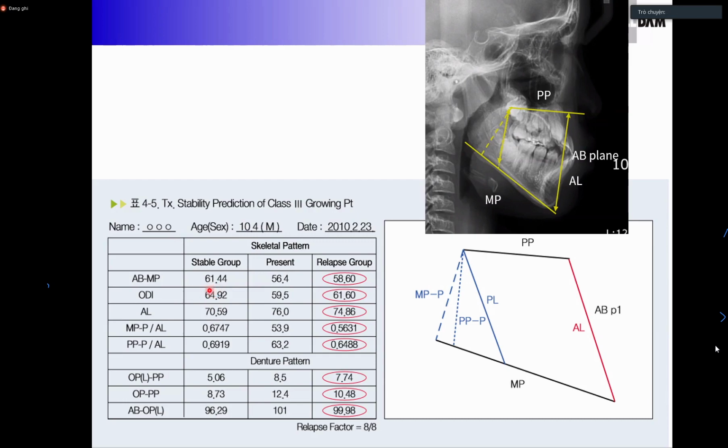ODI 65, anterior length, this is maybe a ratio like this. And his data, relapse factor is 8.8. With all factors, after correction of the anterior crossbite, this patient showed relapse.